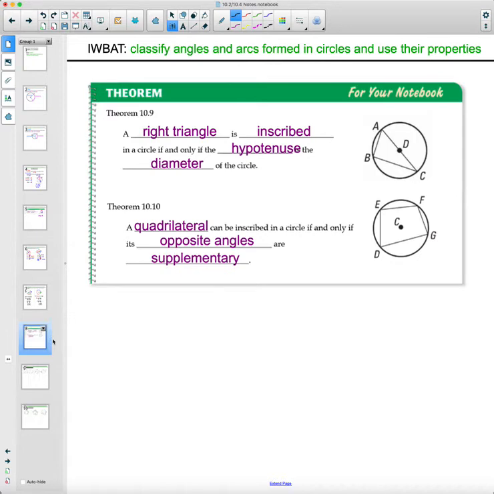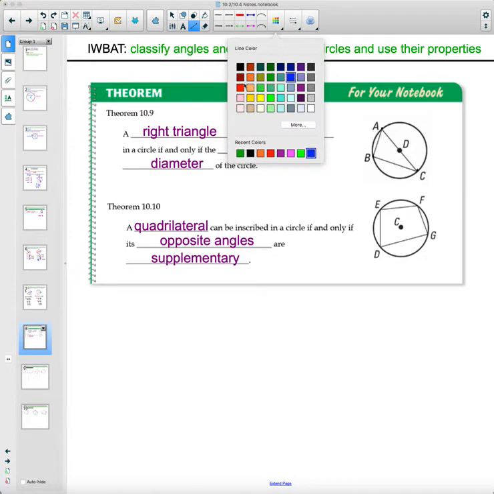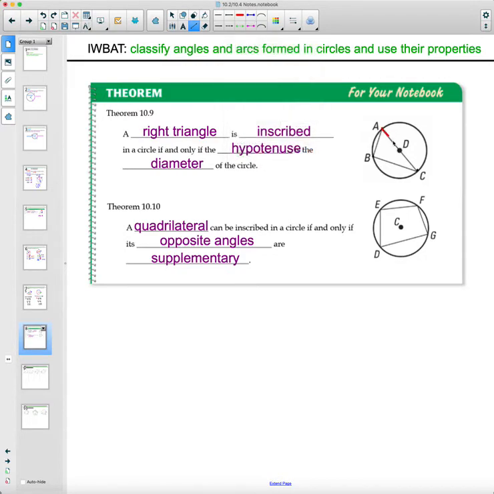Okay, two more theorems and then a couple more examples. In this one, it's just talking about that if you have a right triangle inscribed, meaning all the vertices are on the edge of the circle, automatically this hypotenuse has to be a diameter.